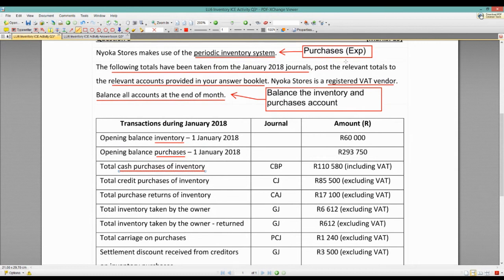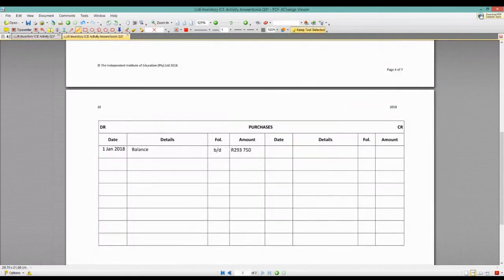Cash purchases, your journal is CBP, so your cash book payments. But very important to note is this amount is inclusive of VAT. Now we said if you are a VAT vendor, you have to exclude VAT from that amount. So I need to take out the VAT component before I can actually capture it to the purchases account.